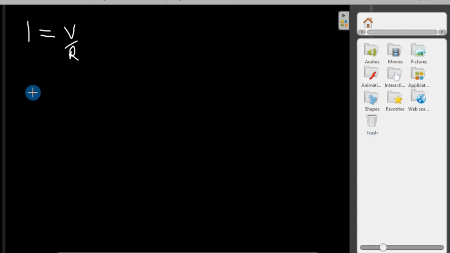So we have this expression saying total current I is equal to I1 added to I2, and then this is added to I3.